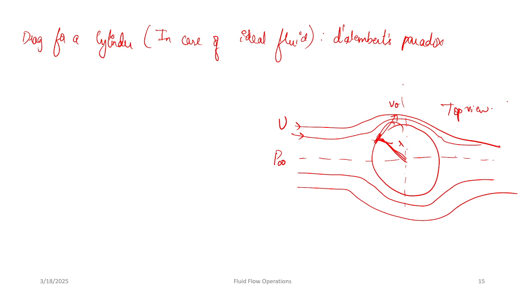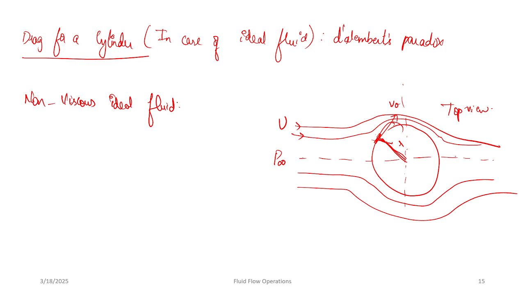So let's consider the cylinder in a non-viscous ideal fluid. The flow around the cylinder is placed at right angles to the flow, that is, flow having velocity U of an ideal fluid. So that is the case.